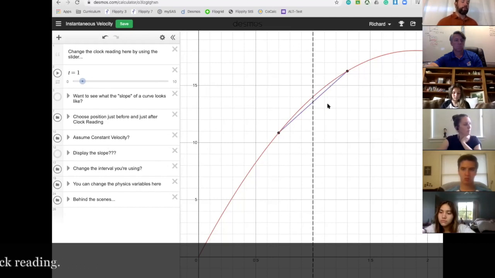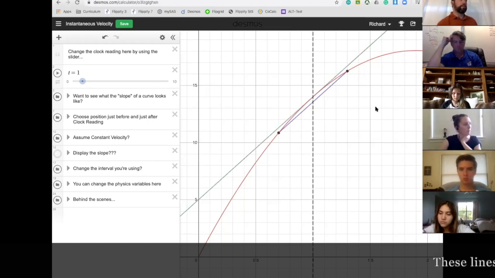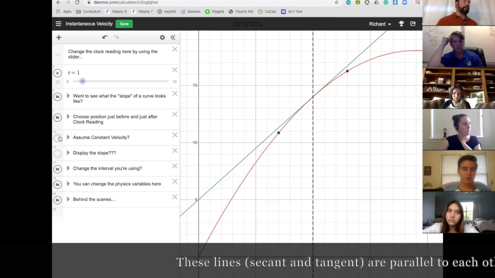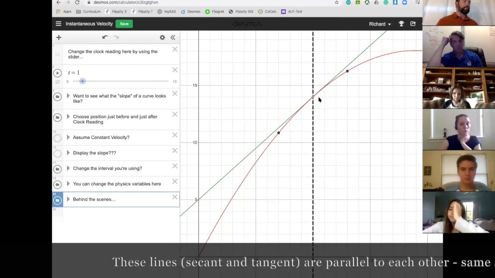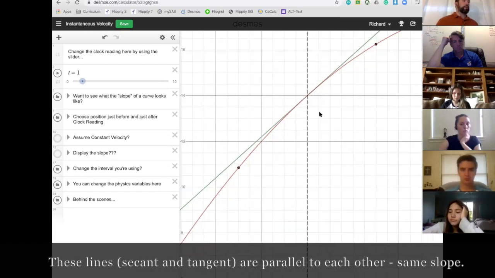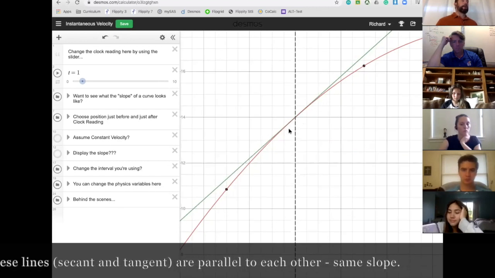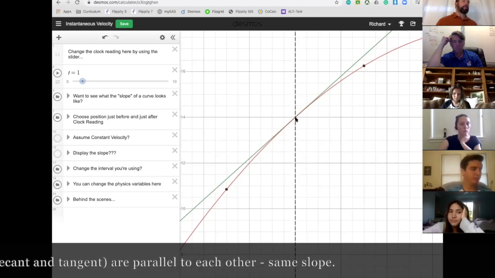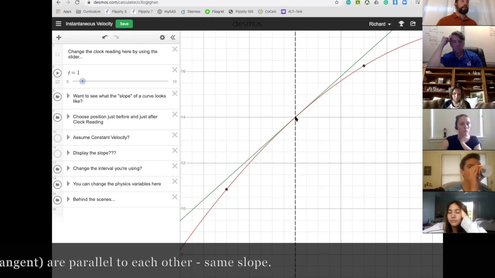We find the slope of that. The interesting thing that falls out of the mathematics of that is that the slope of this purple line is the same as the slope of this green line, where this green line models what the slope of this curve is at this instantaneous point.